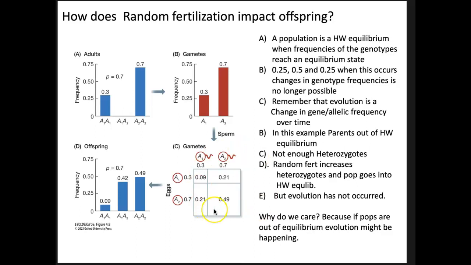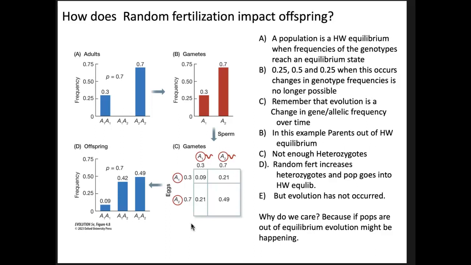And if we cross these to make our allele possibilities, we can see that we get the creation of heterozygotes, right? And so even though the parental population was out of Hardy-Weinberg equilibrium, we get the creation of those heterozygotes back into the population because of random fertilization.